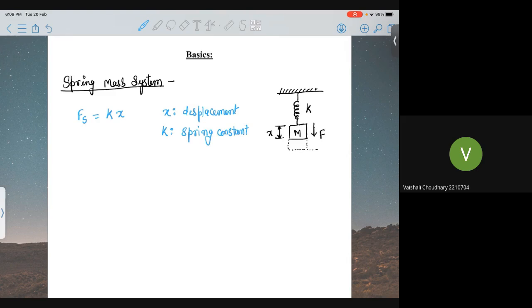Also, force is nothing but mass times acceleration, because that mass will accelerate if we attach one point to the spring.